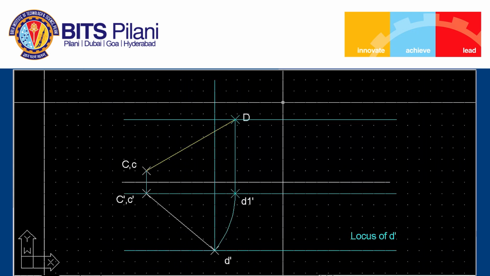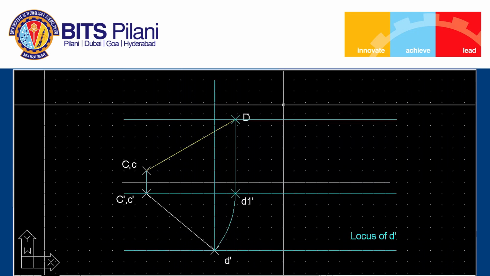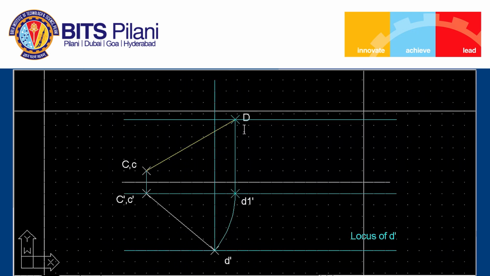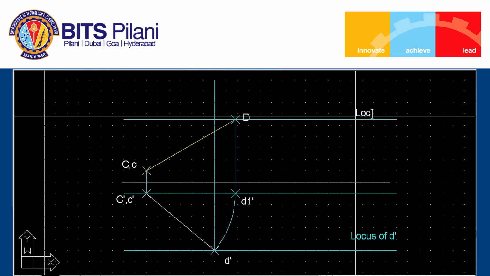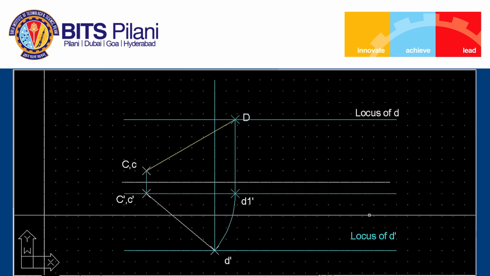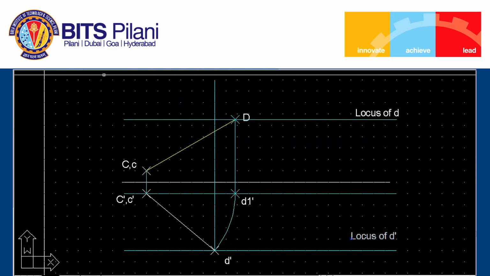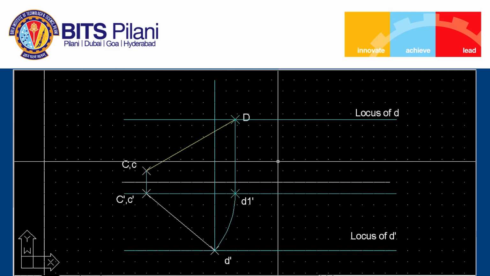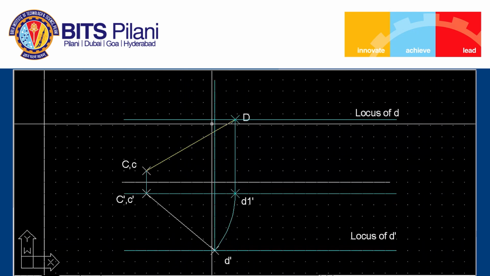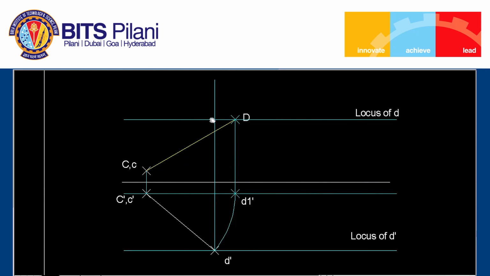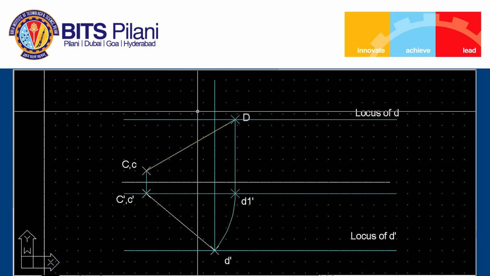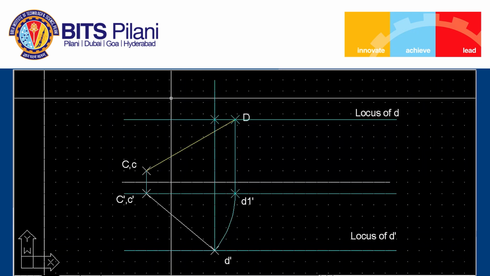Okay, and this is nothing but the locus of D. Okay. And the intersection of the end projector with the locus of D will be nothing but point small d. So this is point small d.